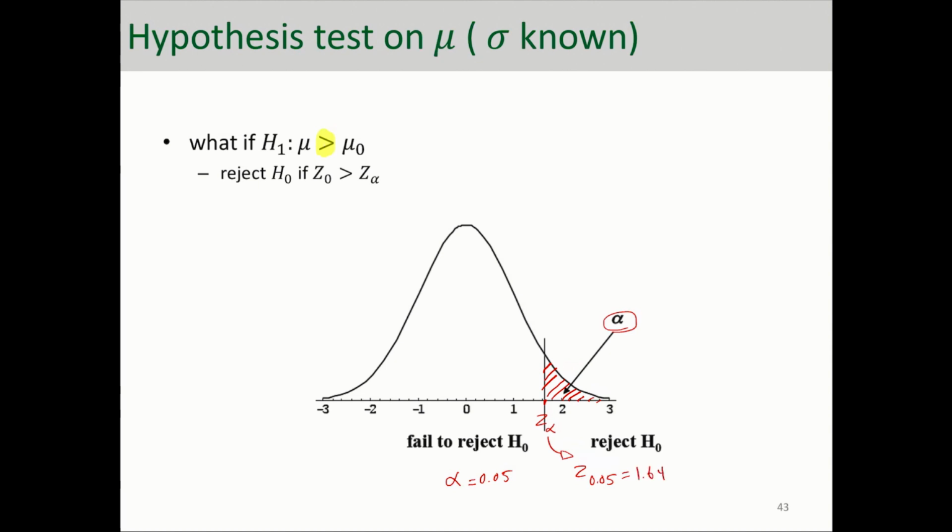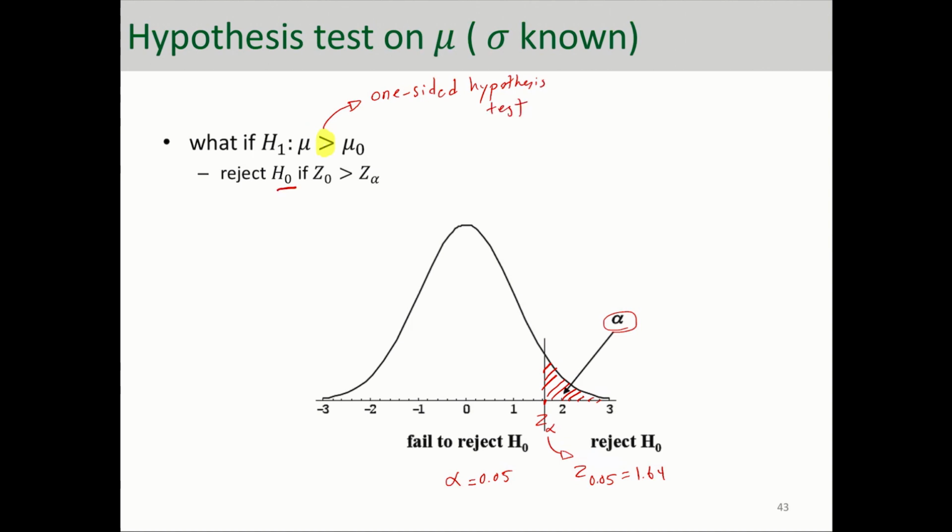Because of this sign in our alternative hypothesis, we call this type of test a one-sided hypothesis test.